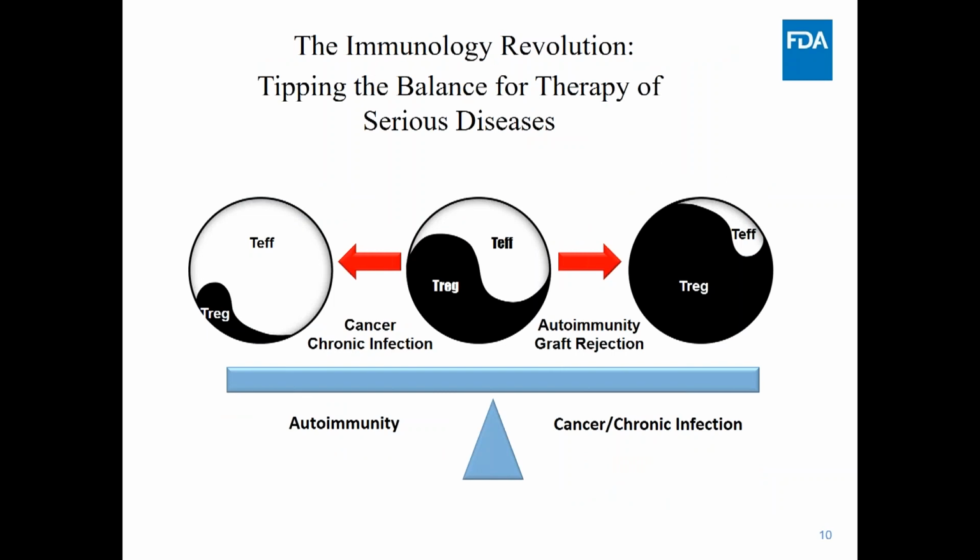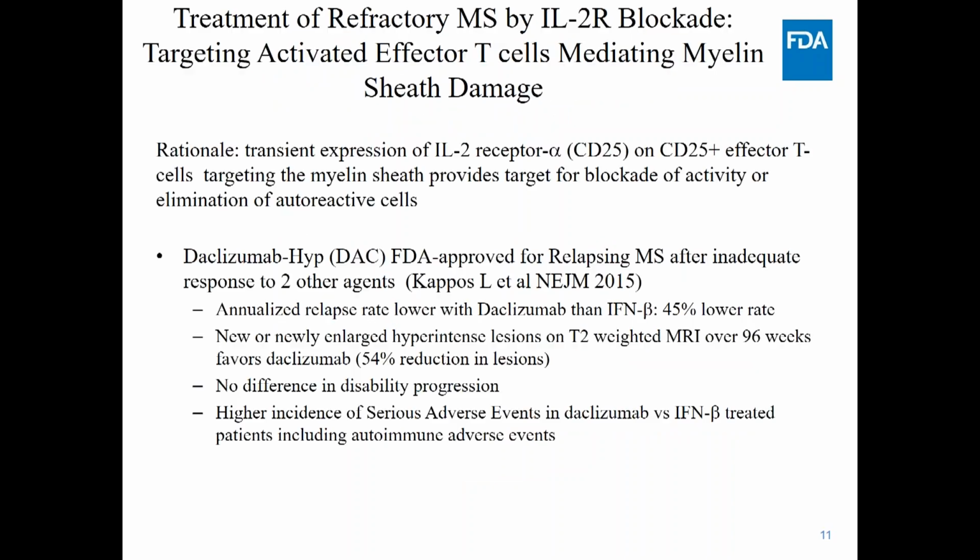So let's begin with the idea of manipulating the immune system in terms of trying to mitigate autoimmunity. The example here is treating refractory multiple sclerosis, an autoimmune disease, by blocking the IL-2 receptor alpha.